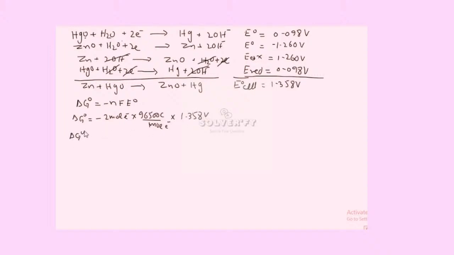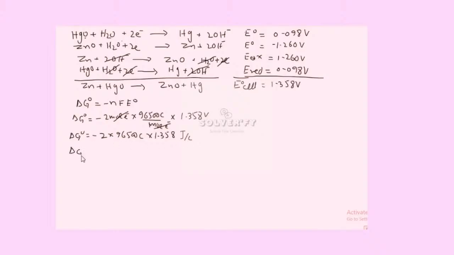Delta G naught for the reaction is minus 2 multiplied by 96,500 coulomb multiplied by 1.358. Instead of volt, we can write joule per coulomb because 1 volt is equal to 1 joule per coulomb.